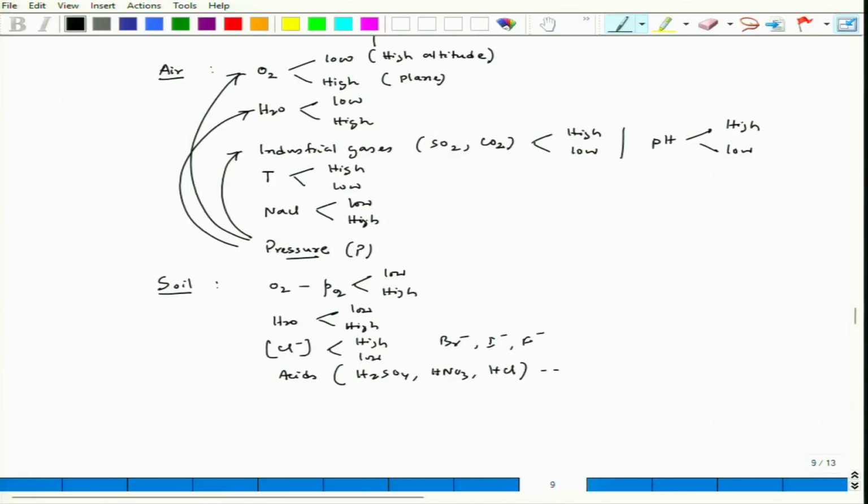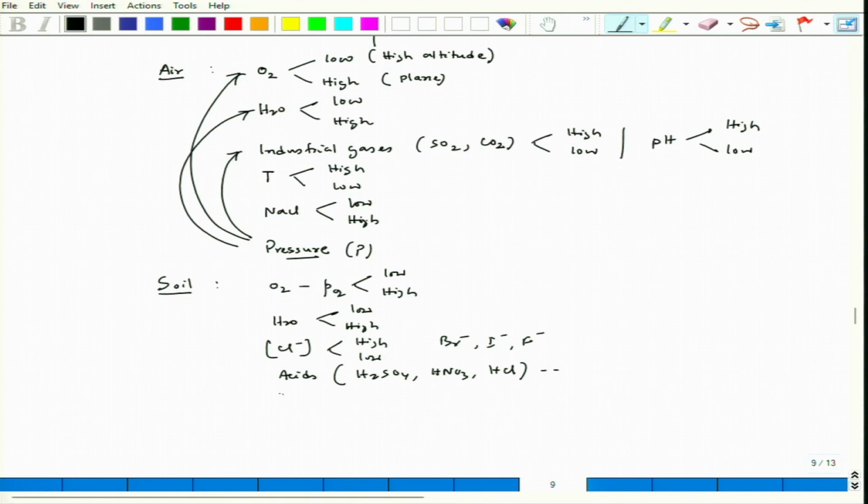Metal objects like pipelines face a high degree of corrosion due to the acidic soil in those localities. So, acid content could be low or high depending on the locality or location where this material is used.